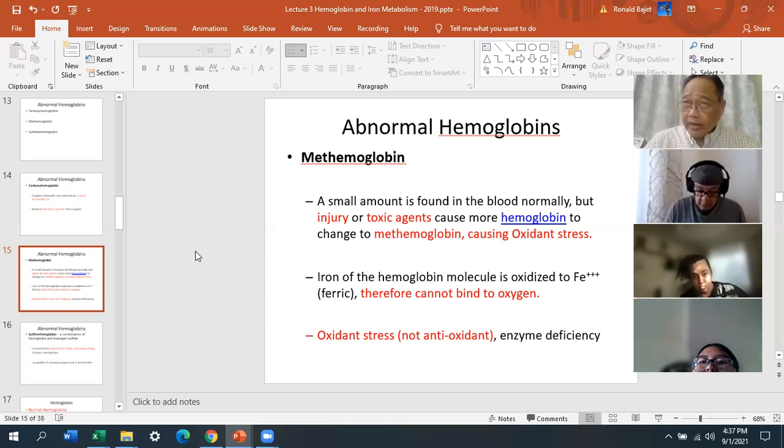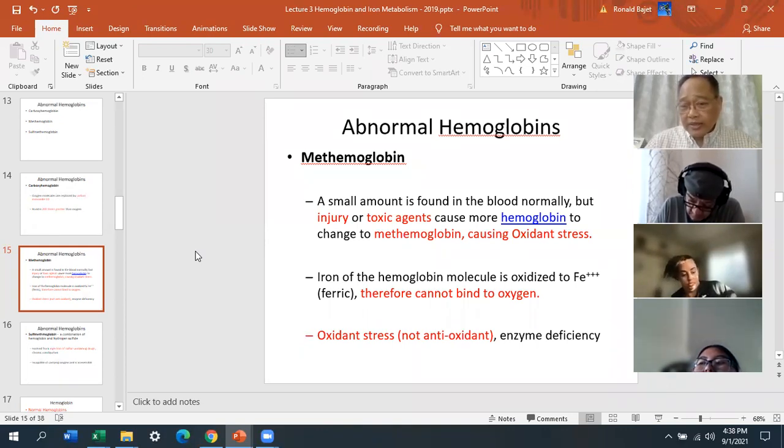The ferrous iron that contains oxygen, as you know, when it's at the tissue, it's going to release the oxygen. On the other hand, you've got ferric iron on its way back to the lungs in the 3+ form.